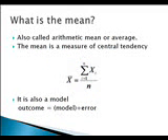But what is the mean? It is also called the arithmetic mean, or average, and is one of the several measures of central tendency. This is the expression, which is the sum of the values of the observations divided by the total number of observations, and it can also be considered as a model.